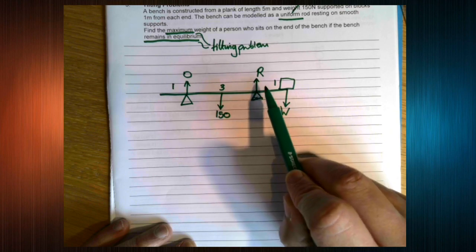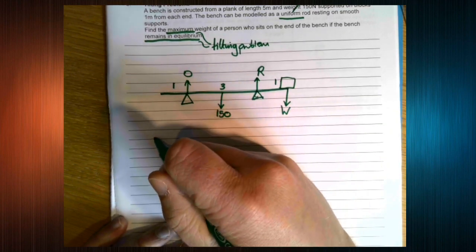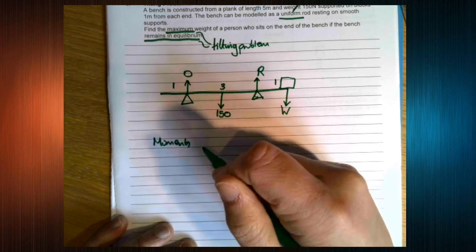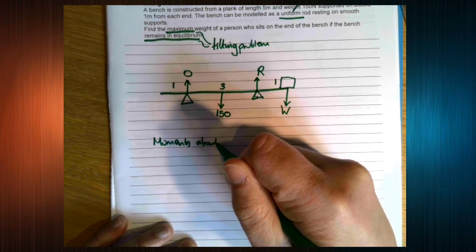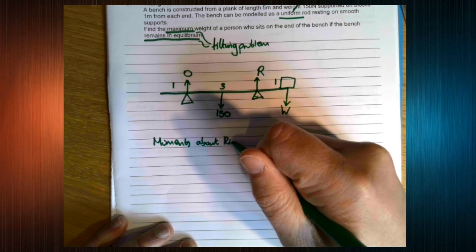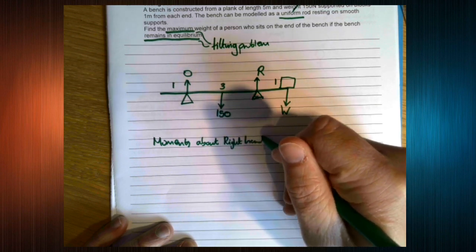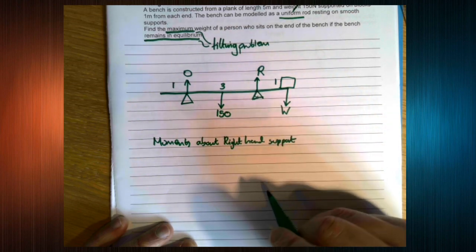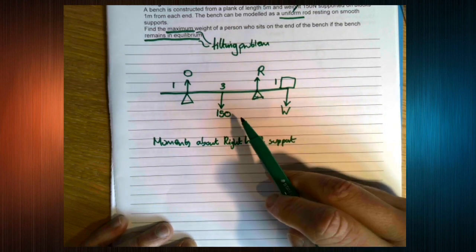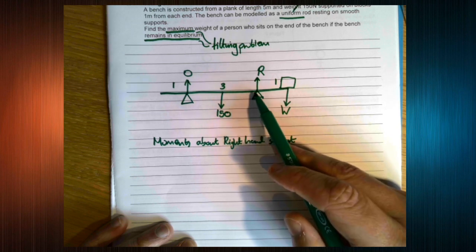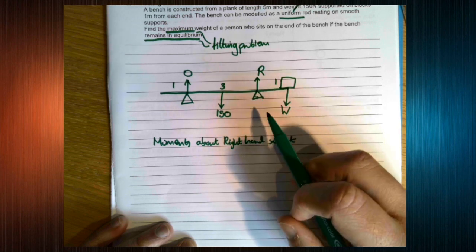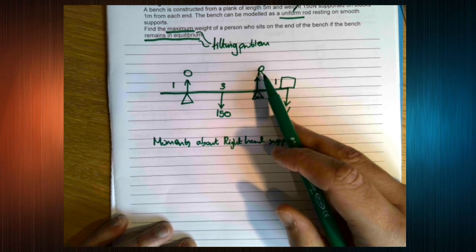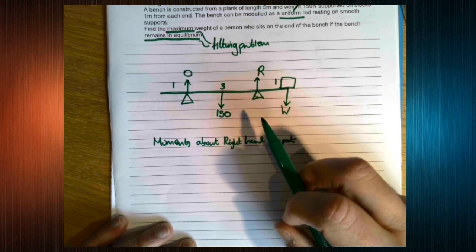So we're going to take moments about here. If we take moments about the right-hand support, remember, moments are force times perpendicular distance. The distance from this force to this pivot is 0, so the moment caused by this force is 0.